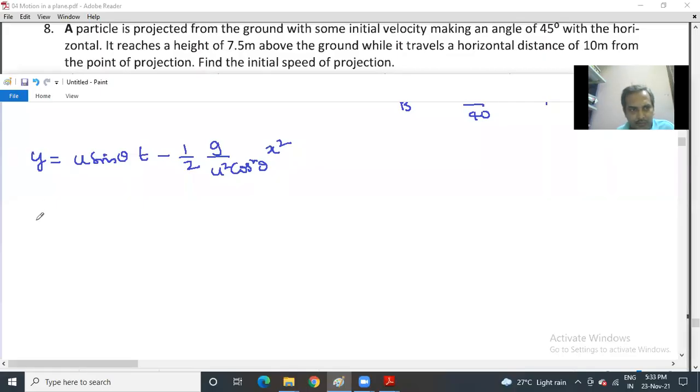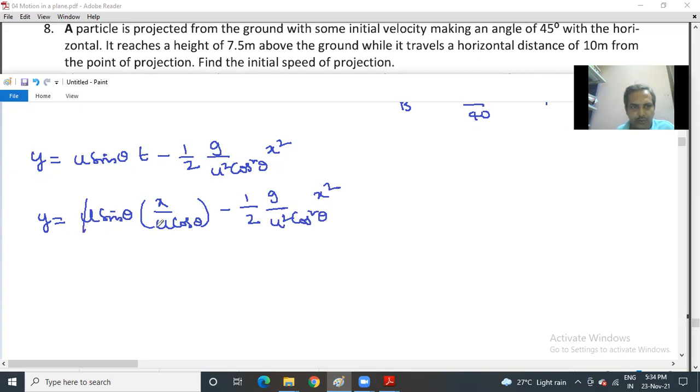And in the next step, you got that y is equal to u sin theta, so this t is x by u cos theta, minus half g by u square cos square theta with x square. So u and u cancel. Tan theta with x minus half g by u square cos square theta with x square. This is equal to y.